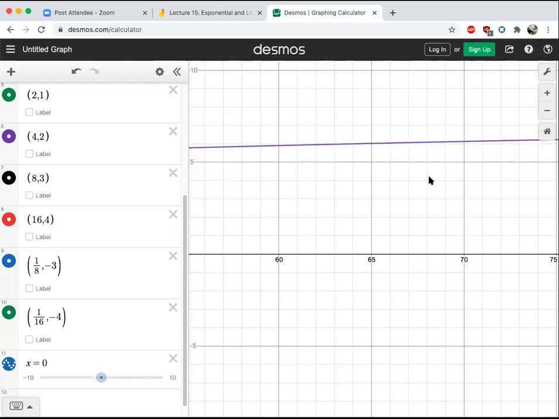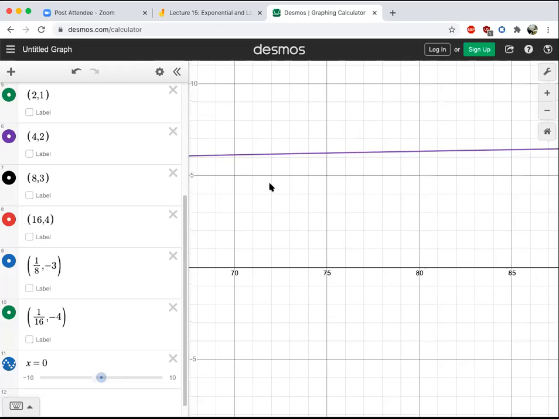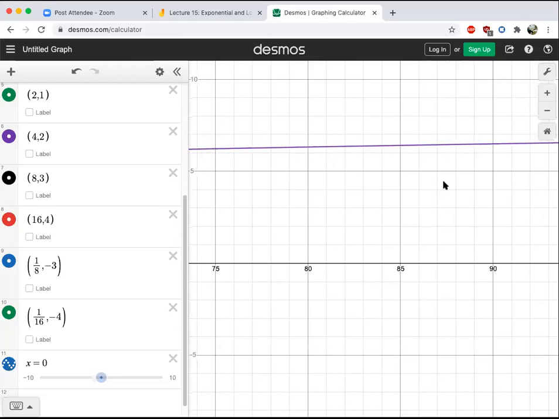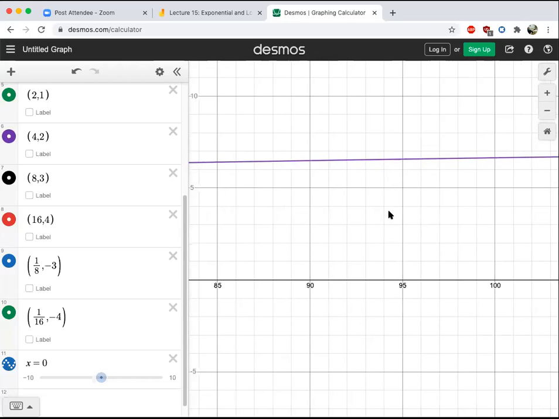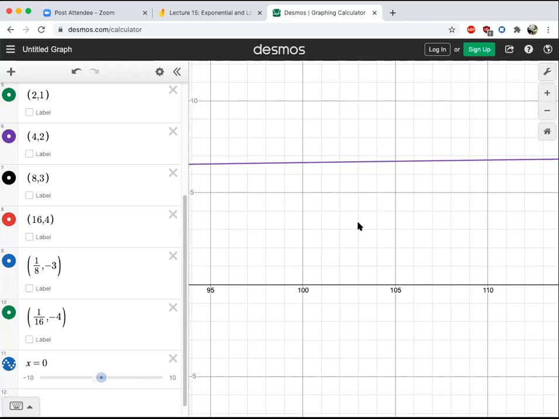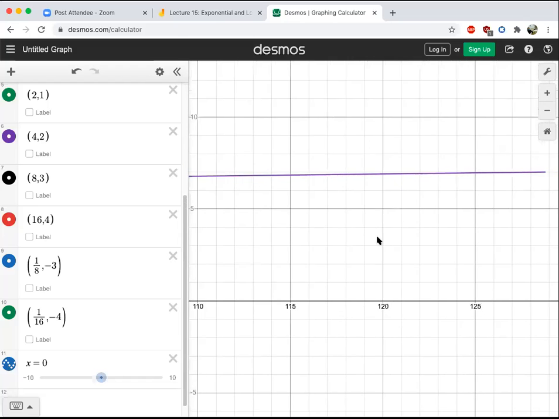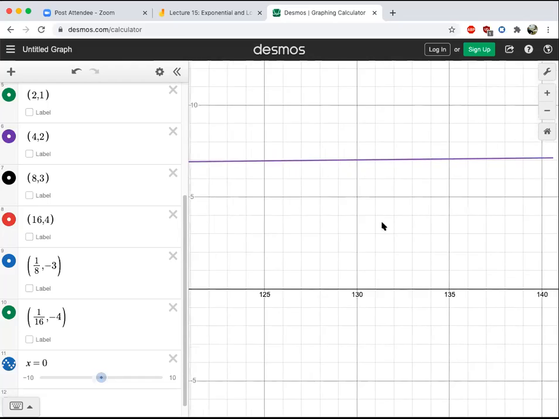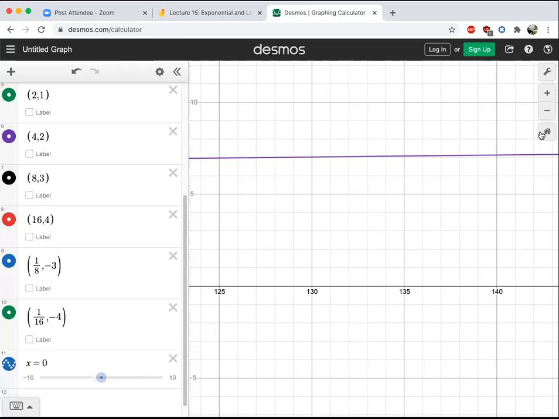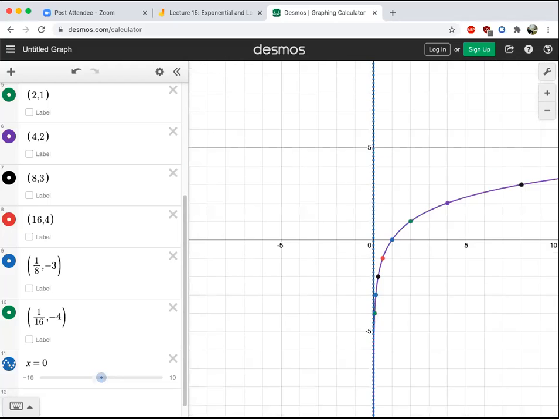So if you think about it, that's kind of the exact opposite of the exponential function that we graphed earlier, that 2 to the x power. It had a horizontal asymptote, but logarithms always have vertical, right? So this function is just going to keep on going up to positive infinity on the right side. So that's the end behavior.